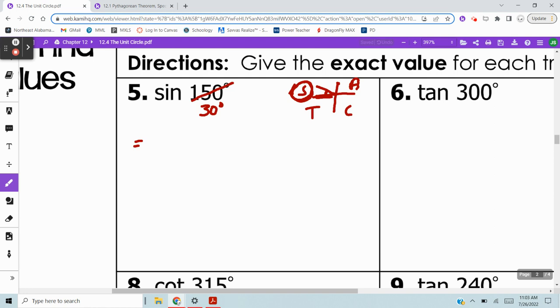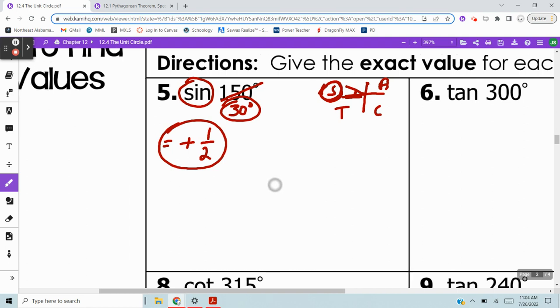Another way we could do that is sine is a y value on our unit circle. So y is positive in the second quadrant. So I'm going to go ahead and put a plus sign. We don't have to. I'm going to put a plus sign just to show you, hey, I checked that, and that's what it's going to be. Now, once you do that, all you have to do is find what is the sine of 30. The sine of 30 is equal to 1/2. So therefore, on number 5, we get positive 1/2.